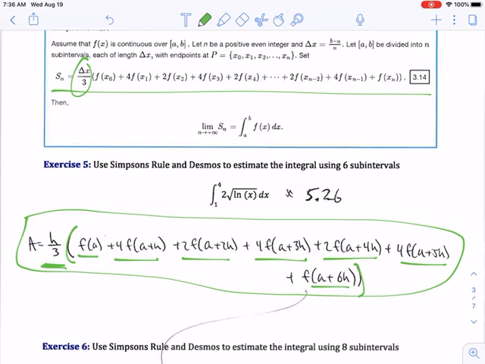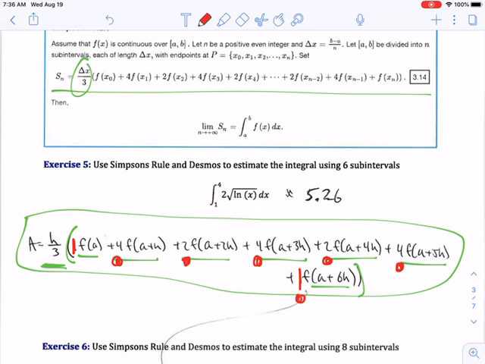So you can see there's a pattern. First of all, we always start and end with 1 times the function value, 1 times the first term and 1 times the last term. Then the terms alternate: a 4 here, a 2 here, a 4, a 2, and it has to end with the 4 and then the 1.